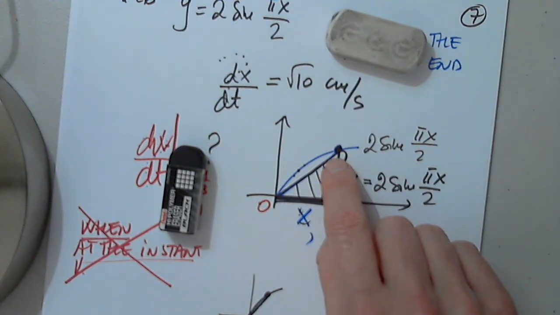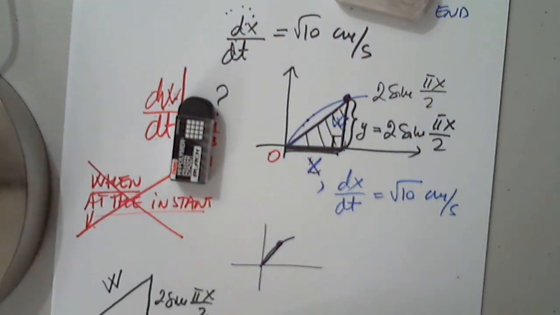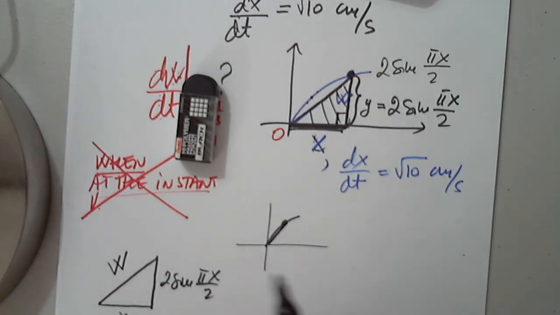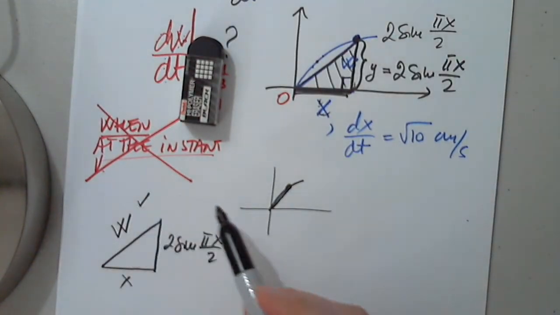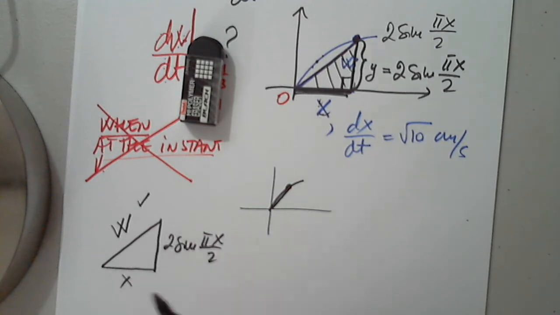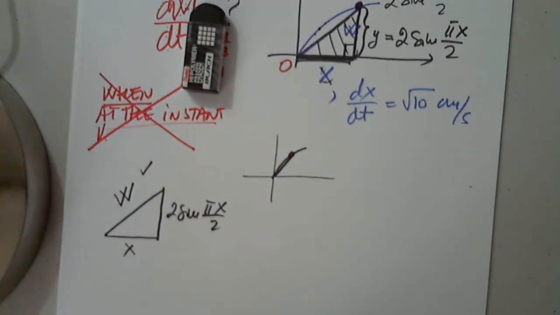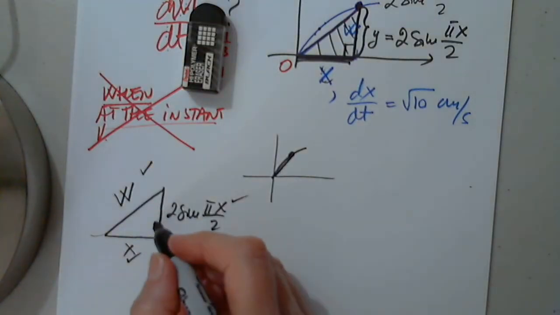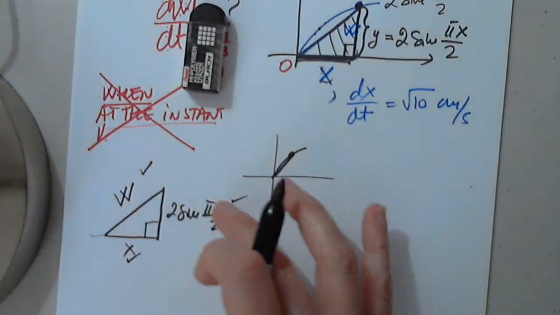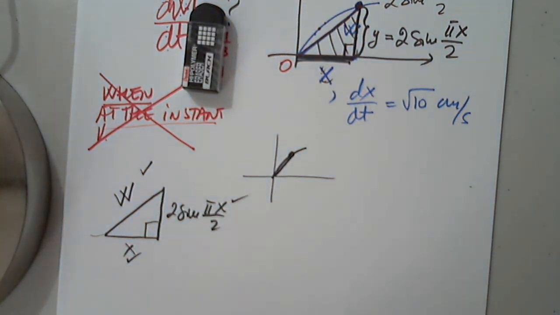Yes. With respect to time. Excellent. Which means we have 3 functions of time. X is a function of time, this is a function of time, this is a function of time, and this is a right triangle. Is there any relationship between these 3 functions of time that I could write with our eyes closed? Pythagorean theorem. Excellent. I'm ready.